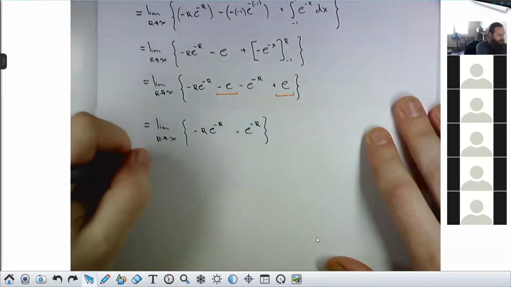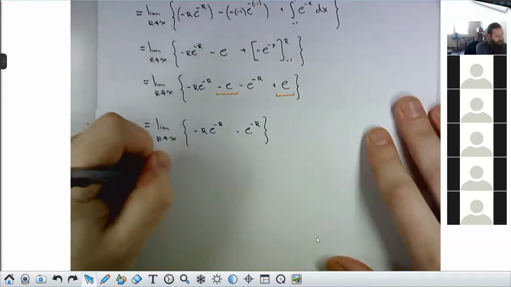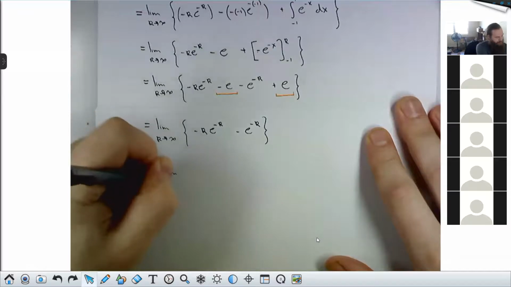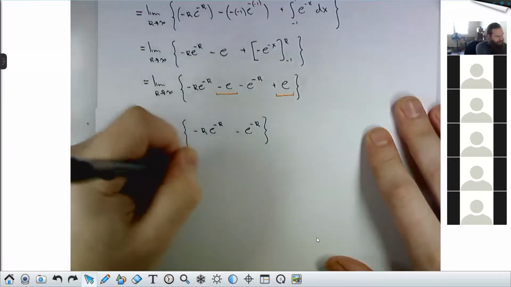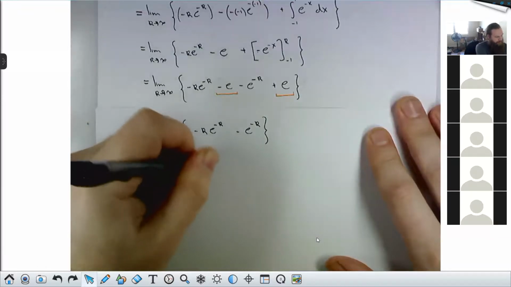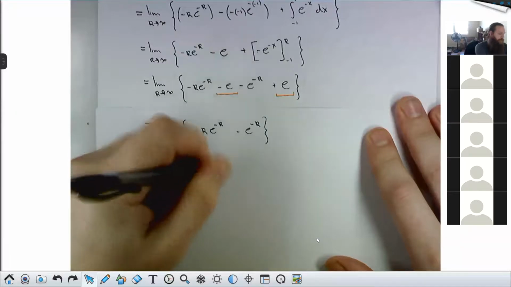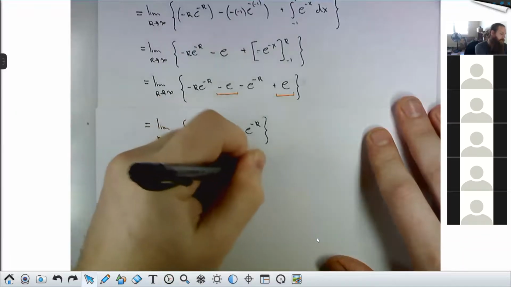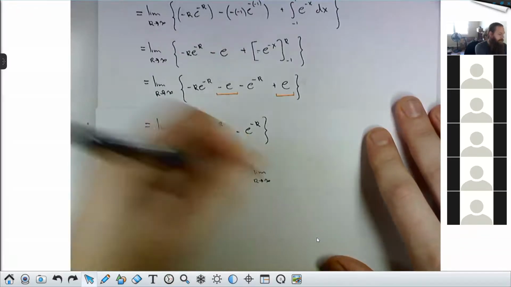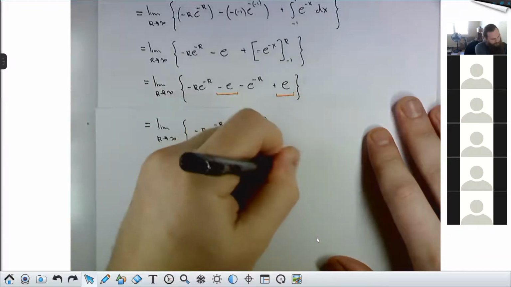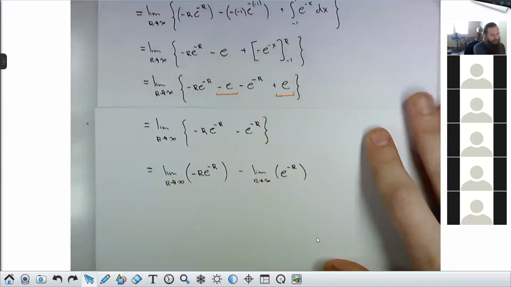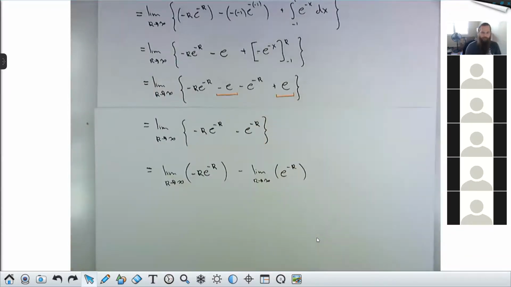And I'll take these separately. So this is the limit as r goes to infinity of -r e to the -r, minus the limit as r goes to infinity of e to the -r, like this, just using my limit rules, right?